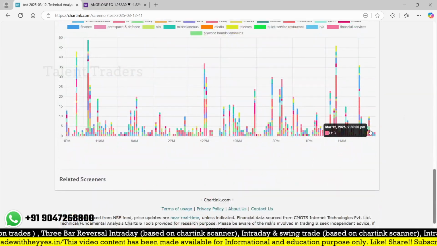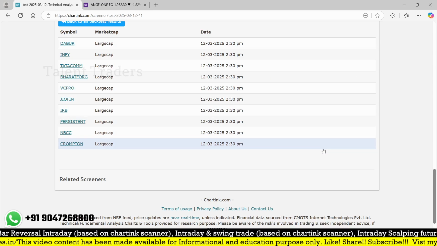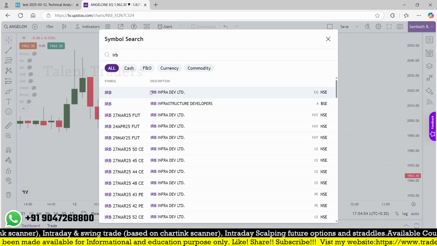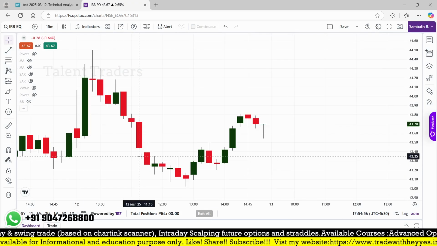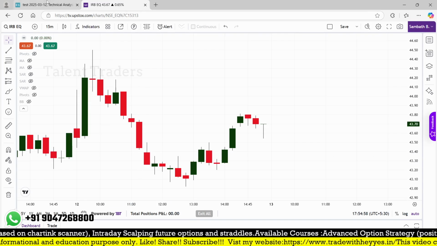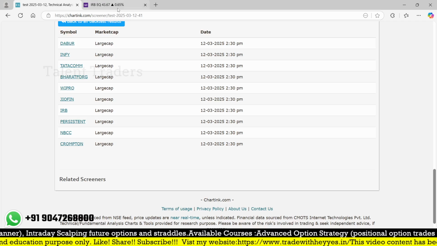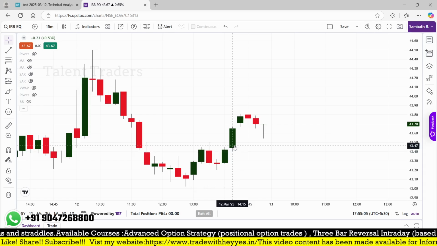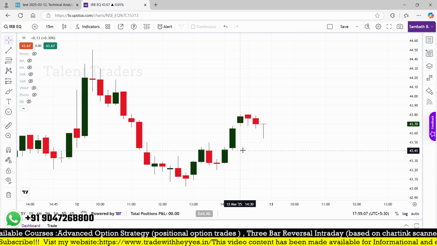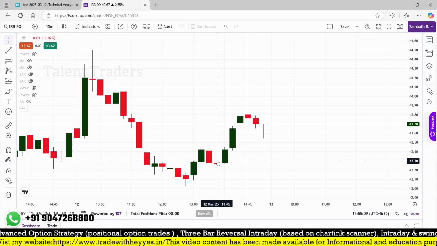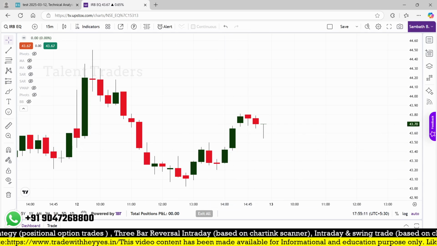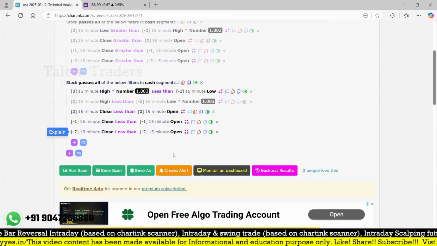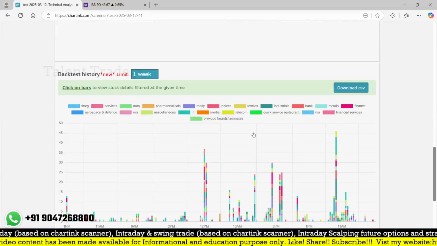Another candle, so maybe we'll try some other one. What is the time? 30. Okay, so that works. The previous one works. Let me add this. We'll be finding whether this works or not.